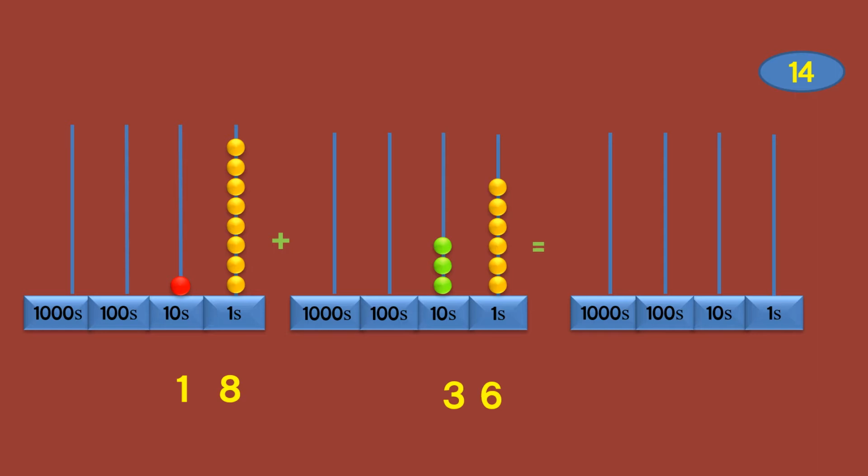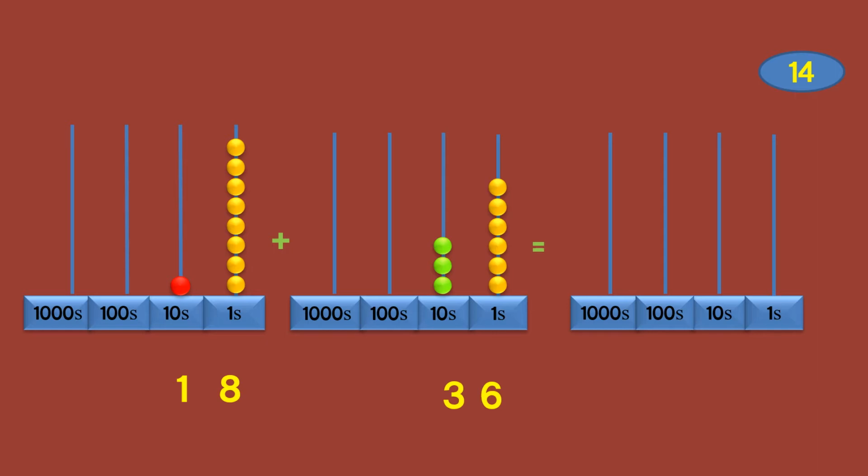So what should we do? We have to see whether in this number there are any groups of tens. We'll check. Yes, 14 can be built up by adding 10 and 4 together. That means one group of 10 is hidden there in 14.